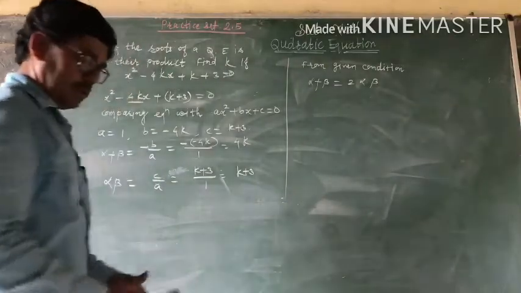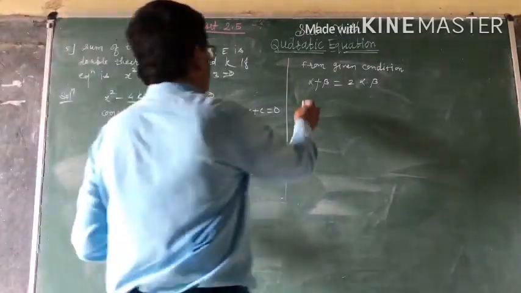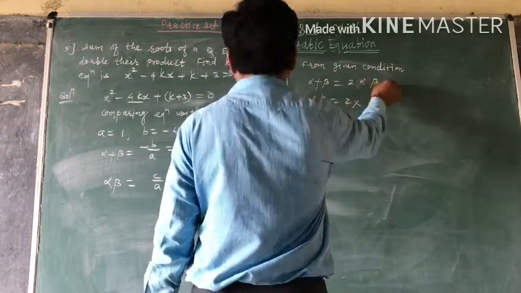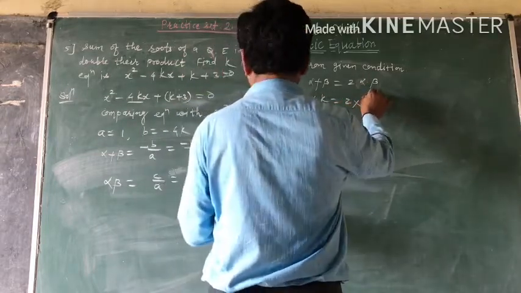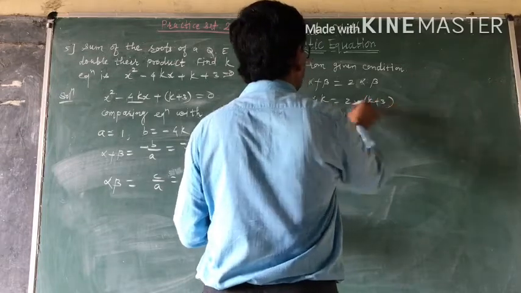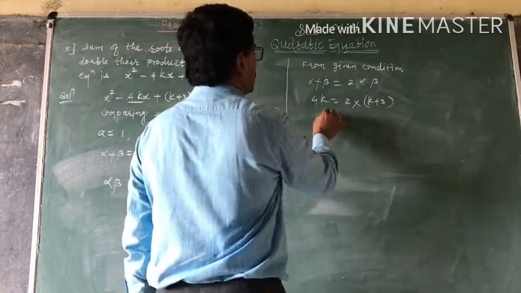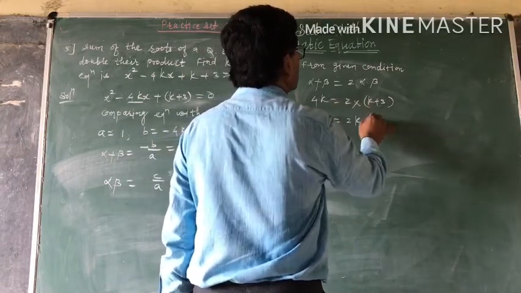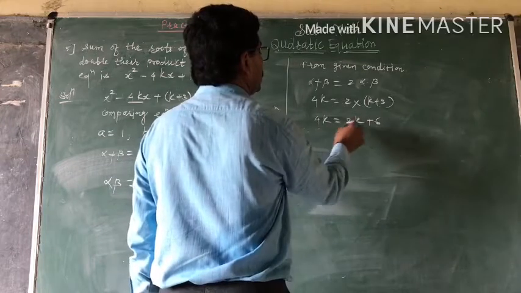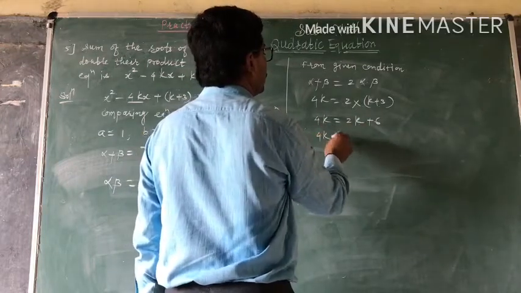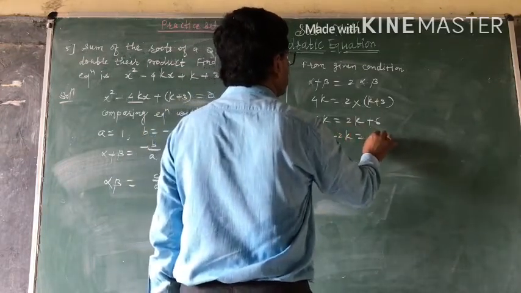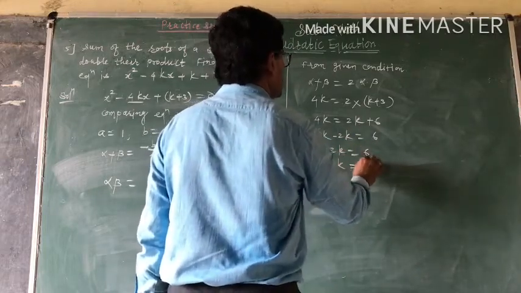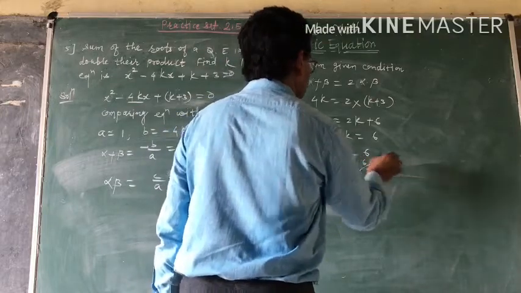Now substituting here the value of alpha plus beta is equal to 4k, is equal to 2 into alpha into beta, which is k plus 3. 4k is equal to 2 into k plus 6, that is 2k plus 6. Therefore, 4k minus 2k is equal to 6. 2k is equal to 6. Therefore, k is equal to 6 upon 2, which is equal to 3. Value of k is equal to 3.